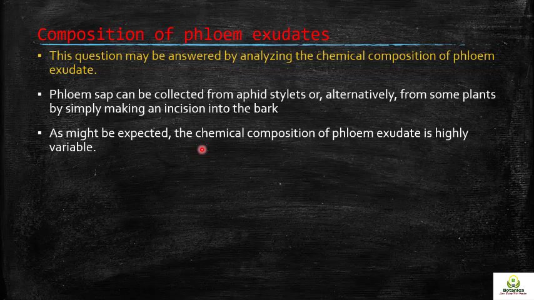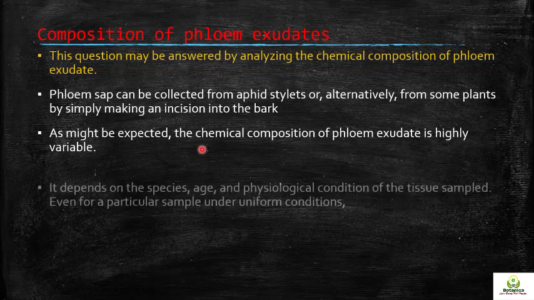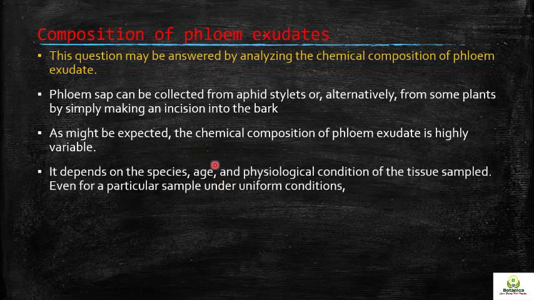So it is difficult for us to make a generalization that this is the composition of phloem exudate that is transported in all the plants. It is not the case. It depends on the species, and within the species it differs from individual to individual, and it depends upon the habitat in which the individual is living.